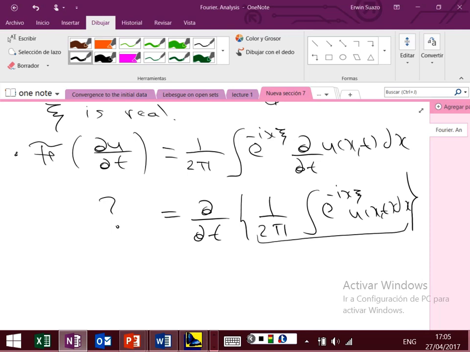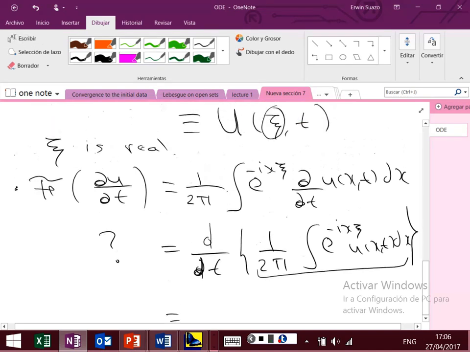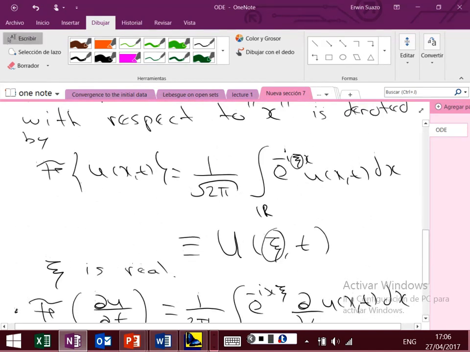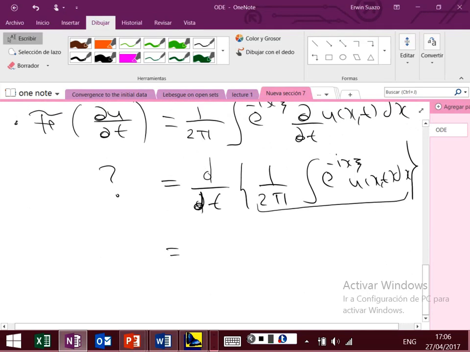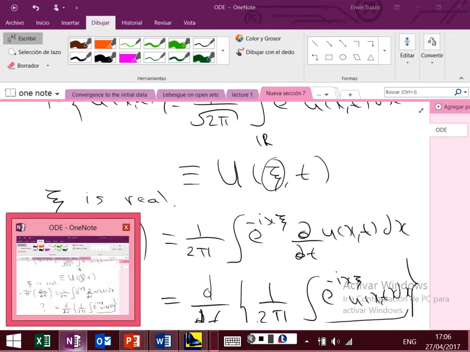Is that the definition of what? So look at this. The Fourier transform of who? Of u. Exactly.